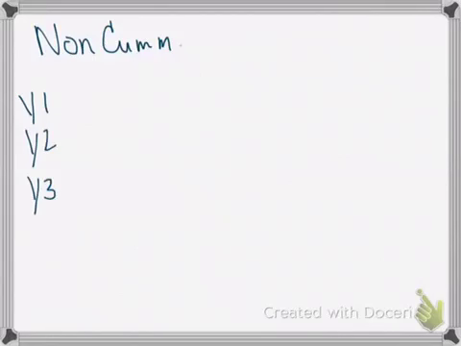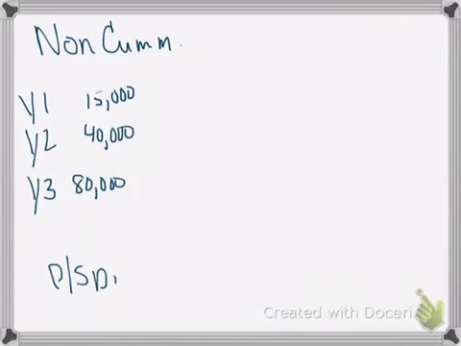The other side of this is non-cumulative. Non-cumulative is a whole lot easier to figure out because we're not trying to keep track of what the preferred stockholders are owed. We don't have to keep track of an arrears amount. So we just look at year 1, year 2, and year 3: 15,000 again, 40,000, and 80,000. And remember, our preferred stock dividend is still that $30,000 amount.